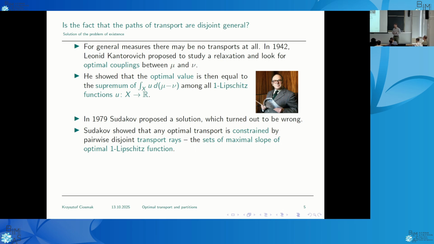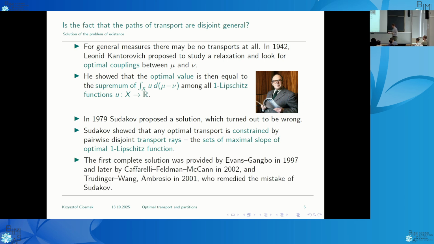In that case, his solution would not work, but then it was remedied by Caffarelli, Feldman, and McCann. Their paper was published in 2002, and the paper of Trudinger and Wang was published in 2001, and Ambrosio in 2001, but as I was told by McCann, their paper was first.